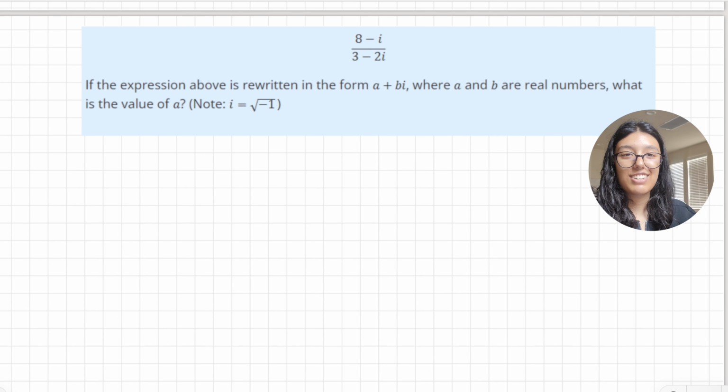There's also another concept when we're talking about imaginary numbers, and that is multiplying by the conjugate. For example, if we have 3 plus 4i, its conjugate is going to be nothing but 3 minus 4i. So the sign just changes to a minus.